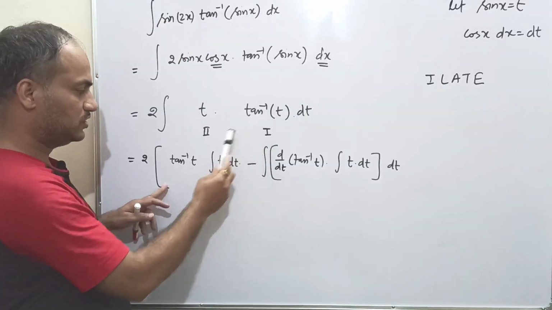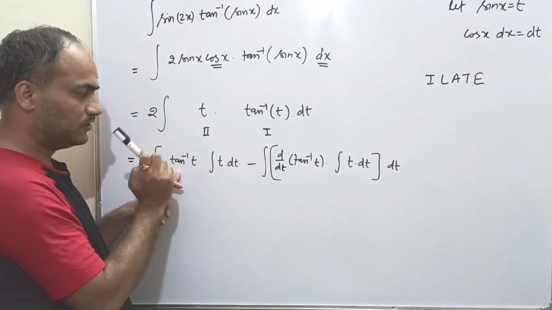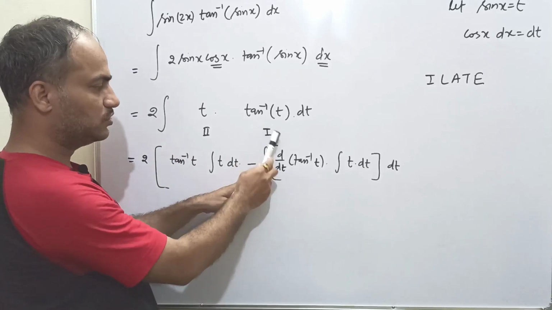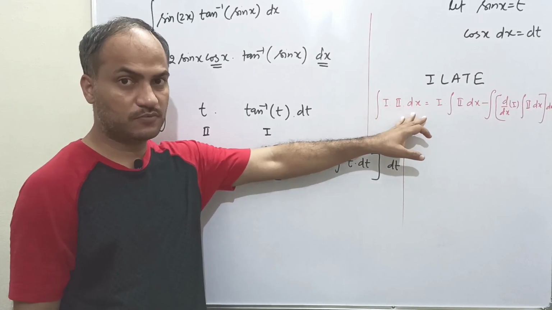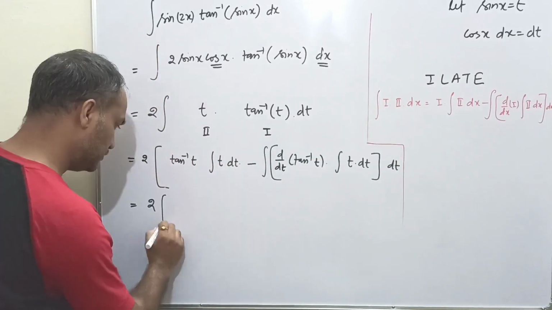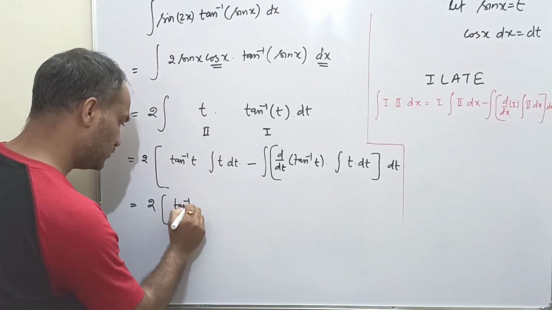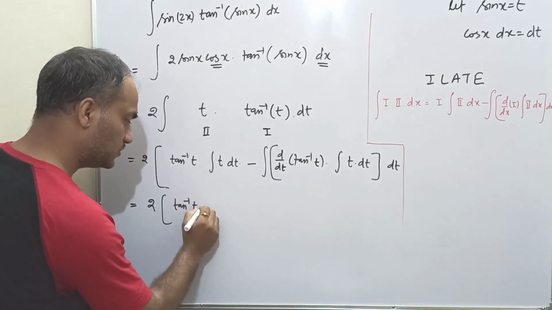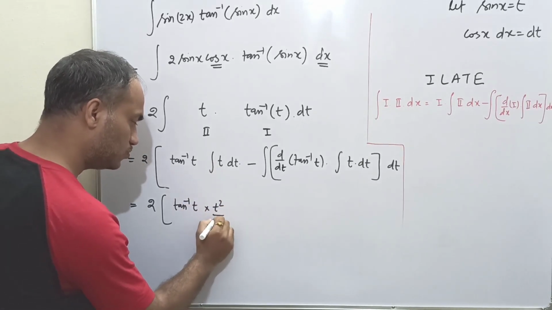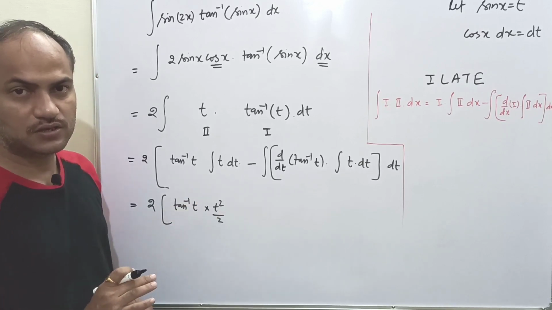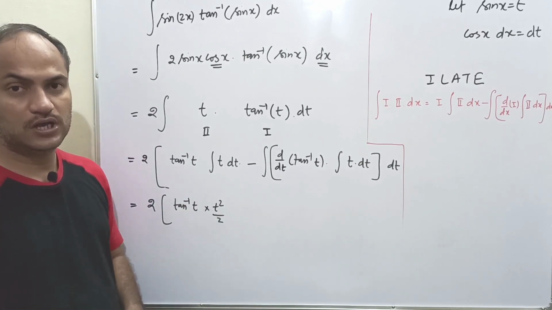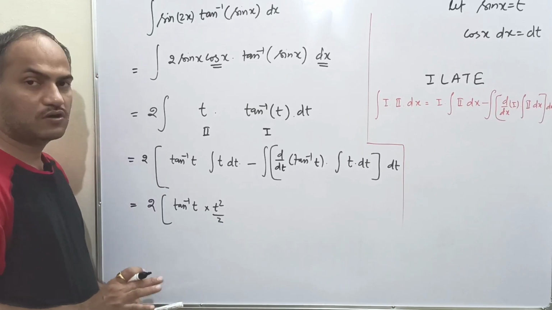First function remains the same, times integration of the second function, minus the integral of differentiation of the first function into integration of the second. This is the product formula which we have used here. This is tan inverse t, and the integration of t is t square by 2. Now remember, many times students write t cube by 3, and this is totally wrong and will lead to a wrong answer.